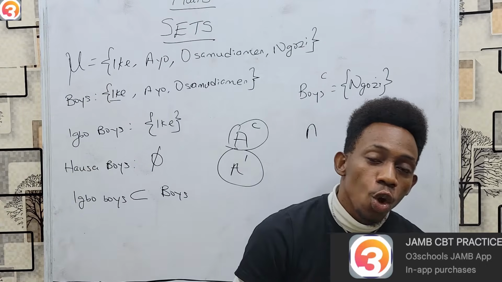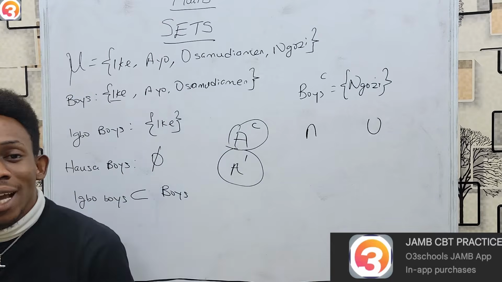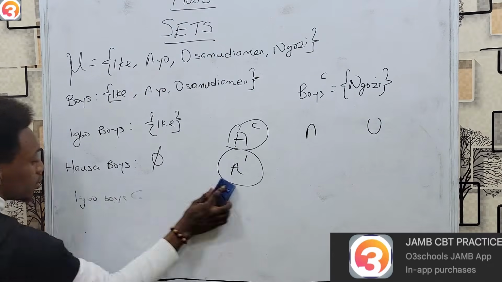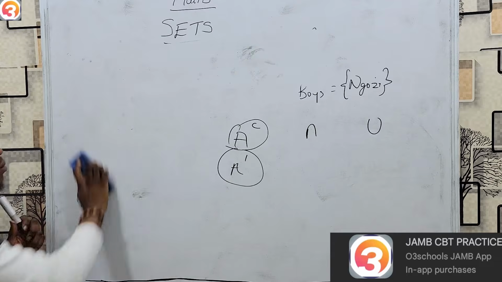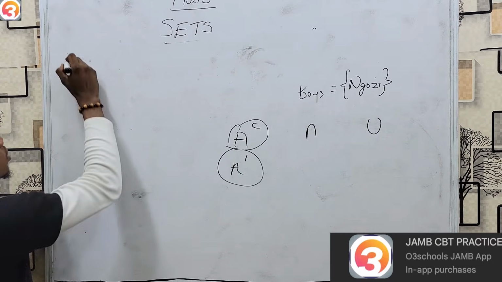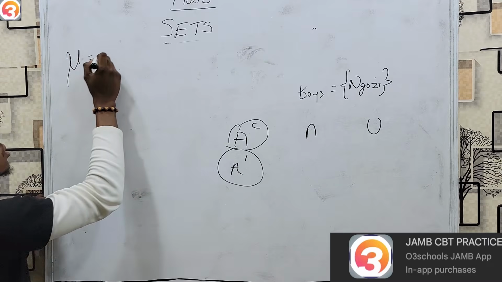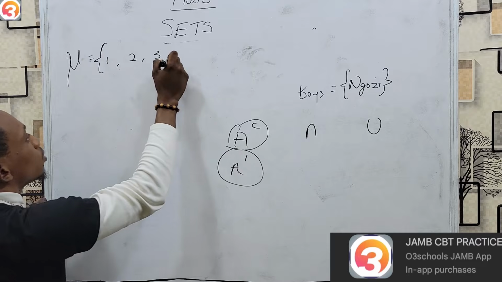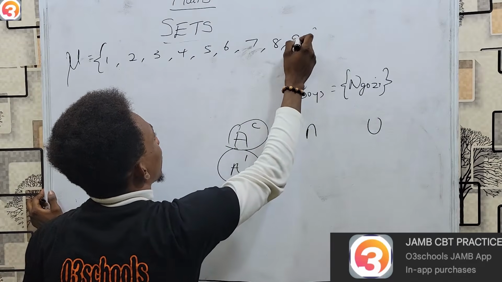Now, the intersection of two sets simply has to give those elements that are common to both sets. Let's use a different example now. Let's stop using these boys and start with a universal set of numbers less than 10. My universal set will be 1, 2, 3, 4, 5, 6, 7, 8, and 9.